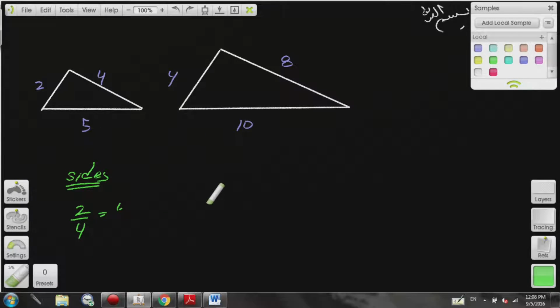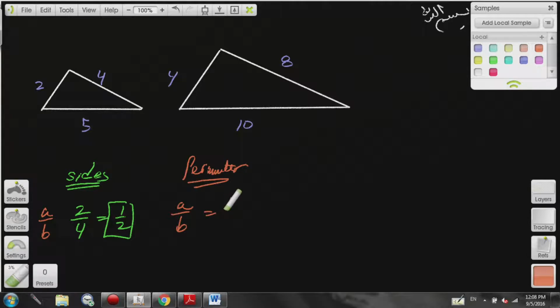You can pick any side because they're all going to be the same proportion, which is 1 over 2. The ratio of the perimeter is also going to be the same thing, 1/2.